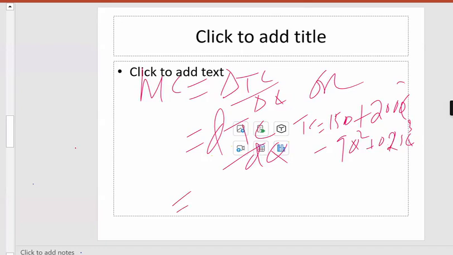Now differentiate this equation with respect to Q. If you differentiate a constant number, you get 0. Plus 200. Why 200? Do you remember that principle of differentiation?